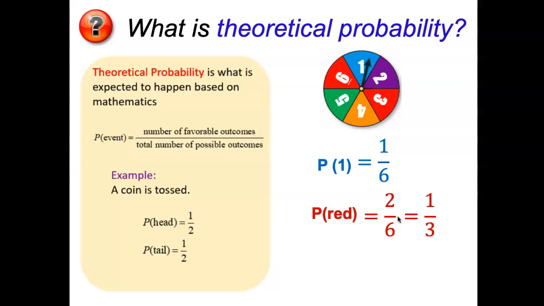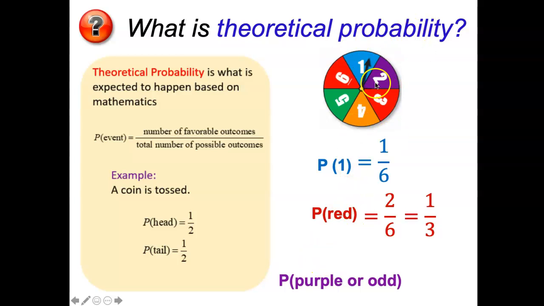Okay, if we want to use a decimal, we can write 0.33, and it's approximately 33%, a little bit over 33.3%.